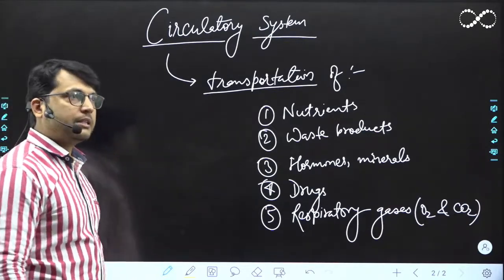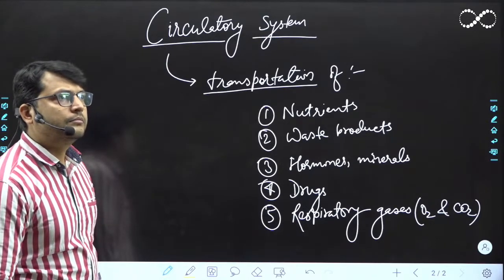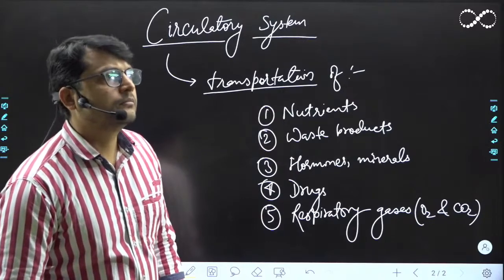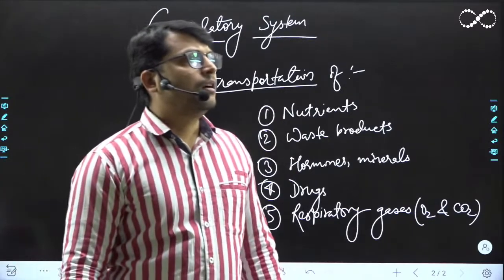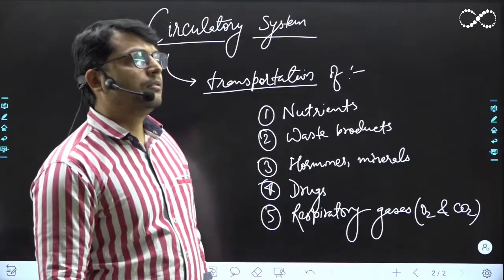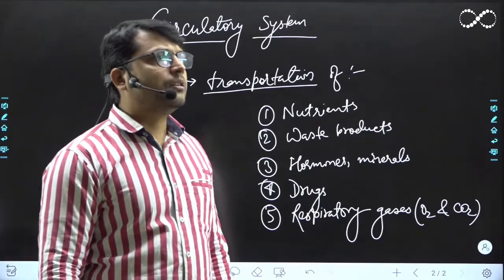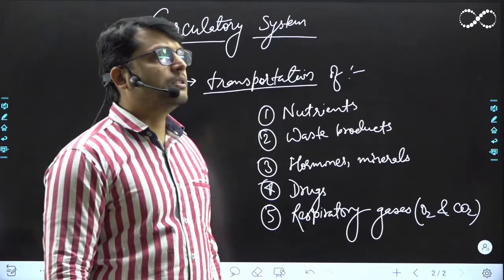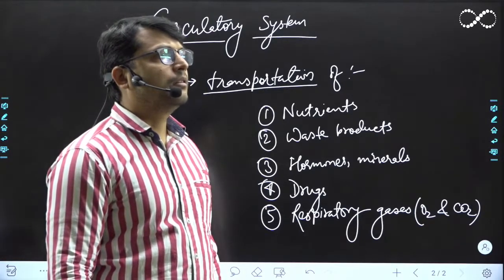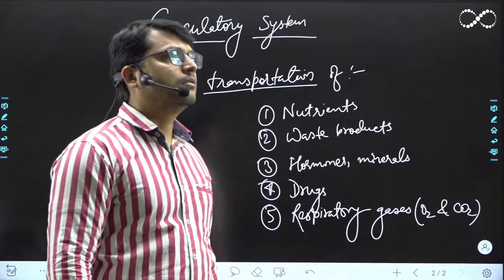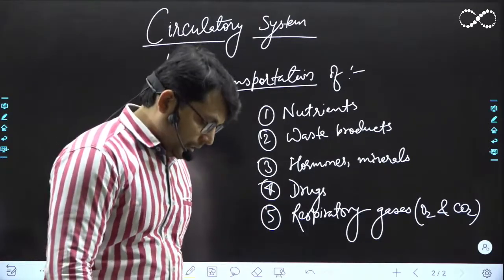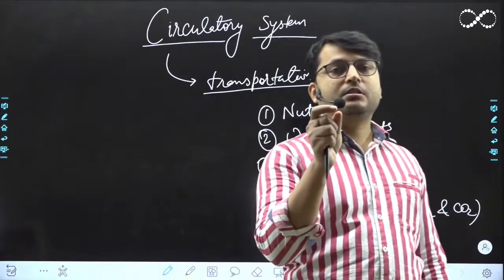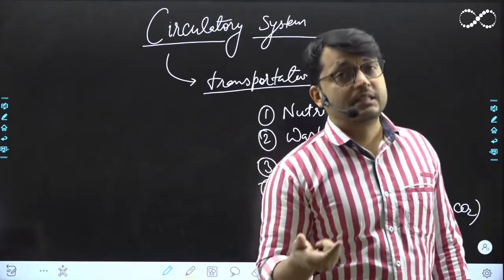Now, who does it? Okay, let me check. So Akhil has this doubt, sir, if question comes, what percentage of CO2 is present in plasma? Akhil, the question will be exclusively asked if what percentage of CO2 is present in dissolved state in plasma.